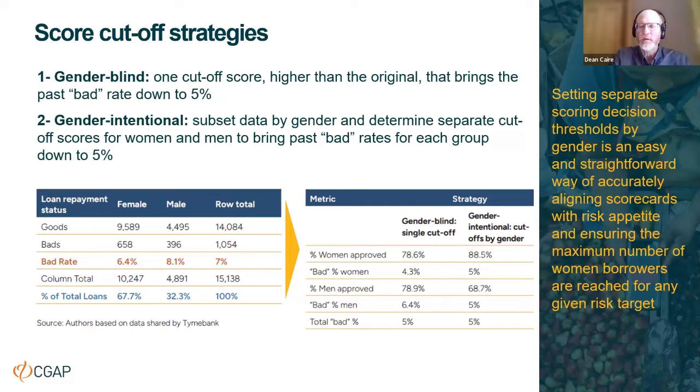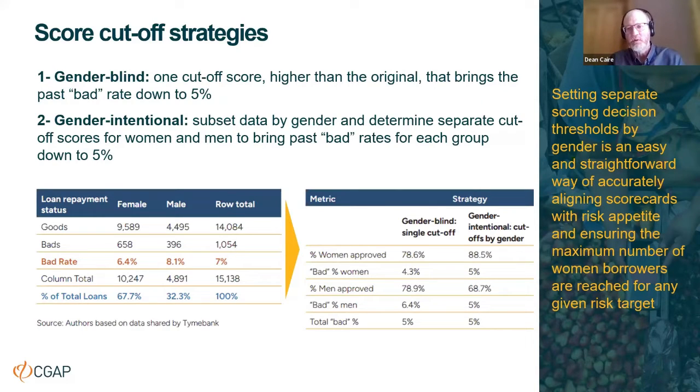And as Maria said, the good thing about this strategy is if you didn't develop the scorecard yourself, for example if you're using just a bureau score, which, interestingly, depending on the product population, might not work equally well for men and women. I've seen it work in different ways, depending on the subpopulation and the product you're scoring.